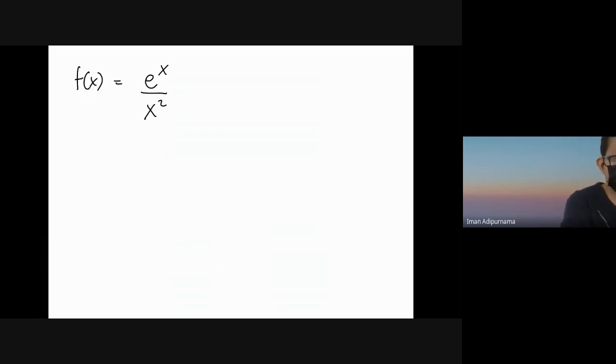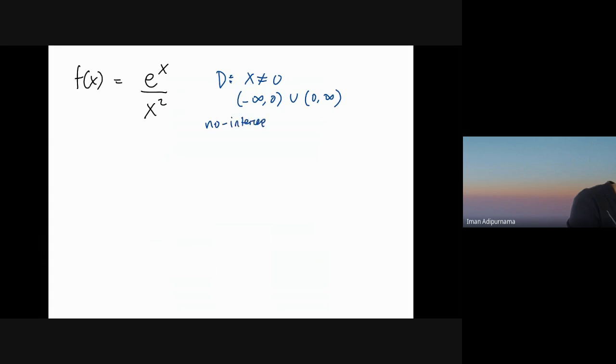Okay, we can start from the domain. The domain is x not equal to 0, right? And there will be no intercept, because if you want to make y equal 0, there is no x possible.